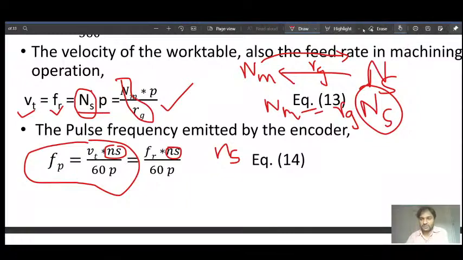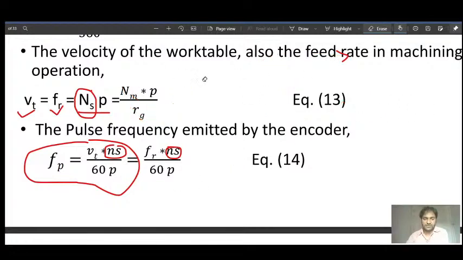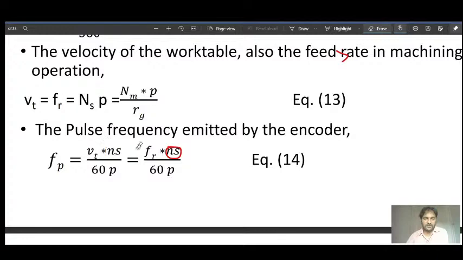If you remember, pulse frequency states how many pulses you are sending in 1 second. Fp is the pulses you send per second, and the step angle is NS, so that is your rotation per second.